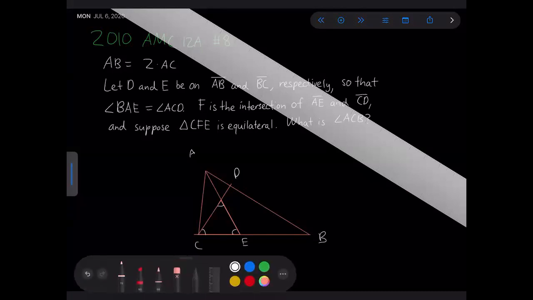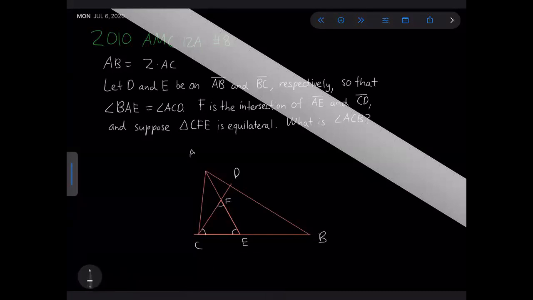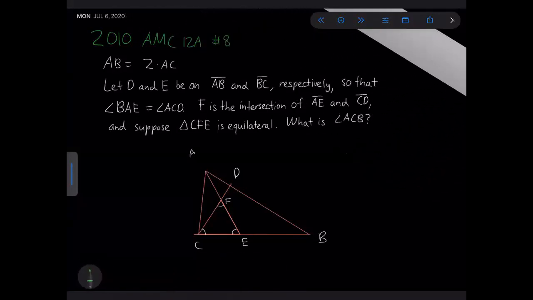So label this point F again. We know that these two angles are the same. It says that angle BAE is equal to angle ACD. And we know that CFE is equilateral.